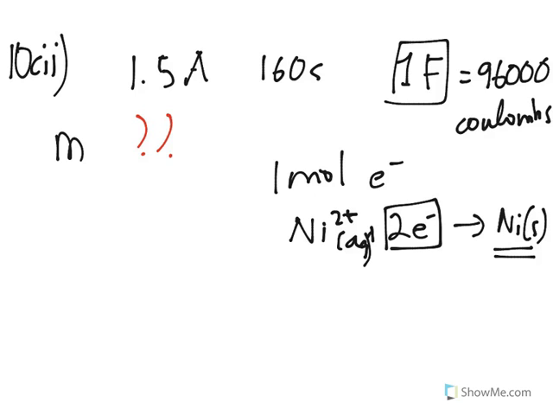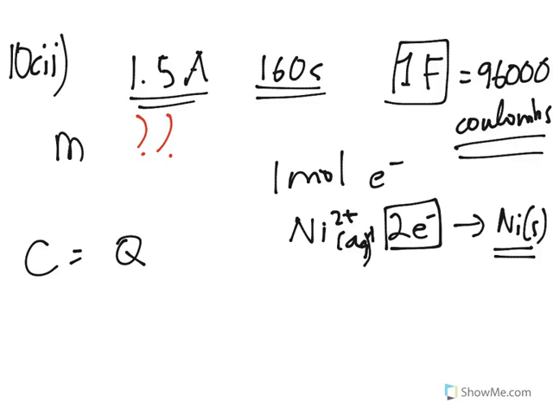Let's just think. So we have the current, fine, and we have the time of the current. Now, as you probably should know, it's presumed knowledge, current, which I'll label with a C, is equal to charge, which is Q, in coulombs, per unit time. Okay, so it means that the charge, Q, is equal to current times time.